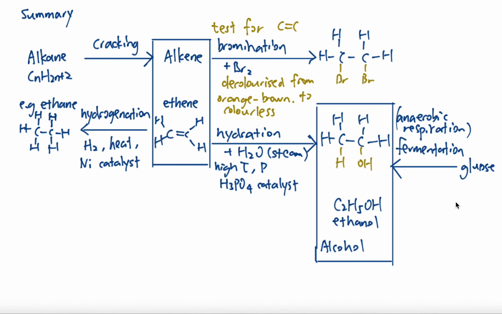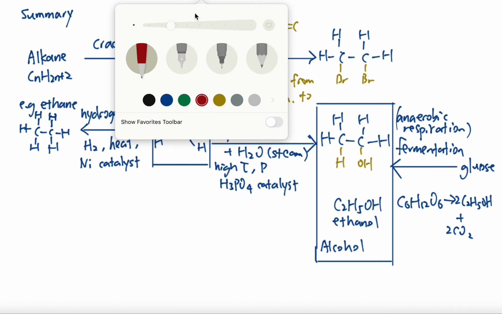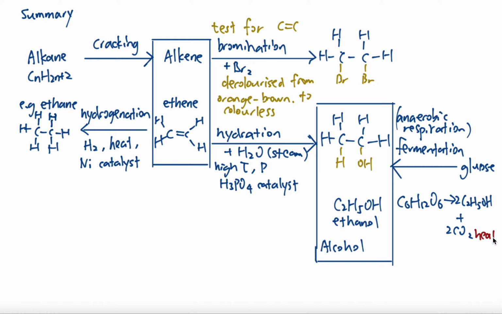And the chemical reaction is C6H12O6 going to 2 molecules of C2H5OH and 2 molecules of carbon dioxide. This reaction is exothermic because it's respiration, it always releases heat. And it always involves a living organism, yeast.